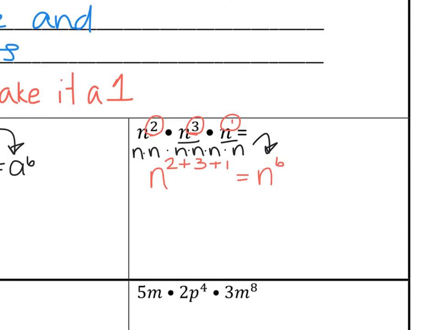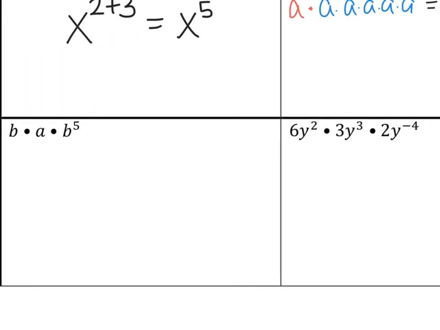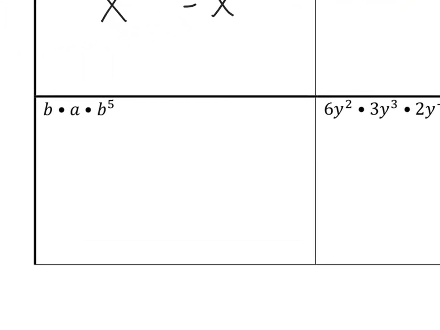In the next example, down here on the bottom left, we have 2 different bases. So what I'm going to do first is I'm going to rearrange the problem. I have 2 bases of b, so I'm going to write b times b to the 5th, and I have 1 base with an a, so I'm going to write that over here.